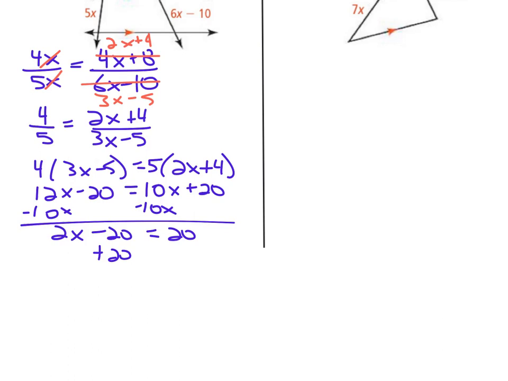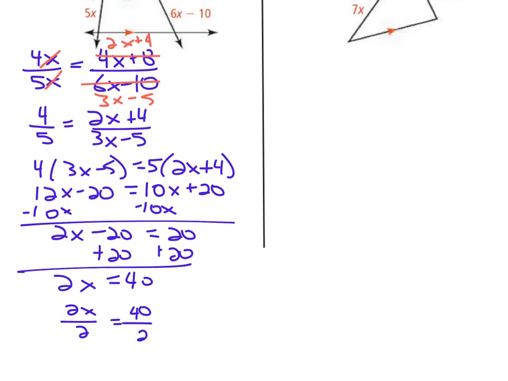If we add 20 to both sides and divide by 2, we get x equals 20. Seems okay to me. I don't see a problem with this solution.